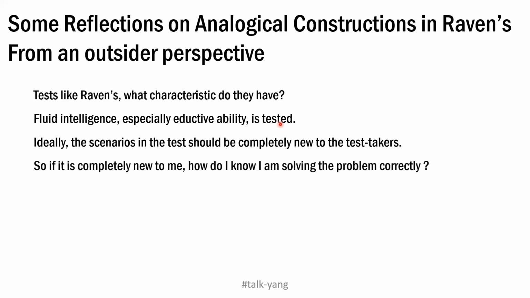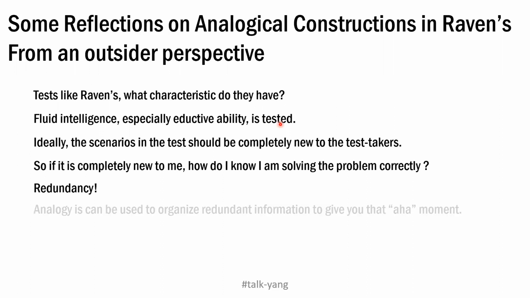Now, the question is, if this is completely new to me, how do I know I'm solving the problem correctly? I personally think that the answer lies in redundancy. There must be some clue from the test designer to tell the test taker what is wrong and what is right. And redundancy is just such a common way to communicate this information.